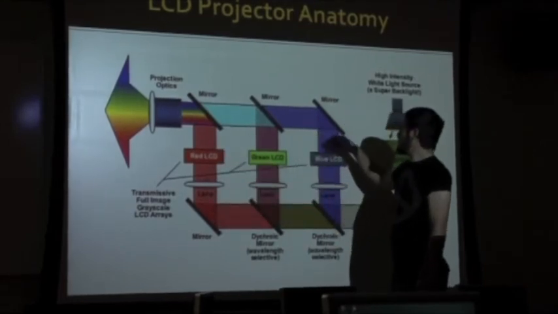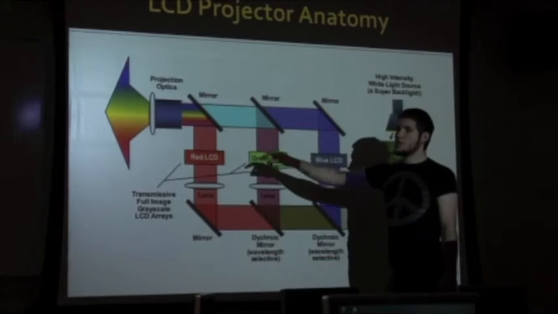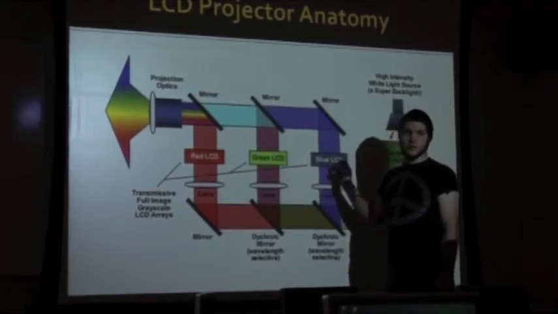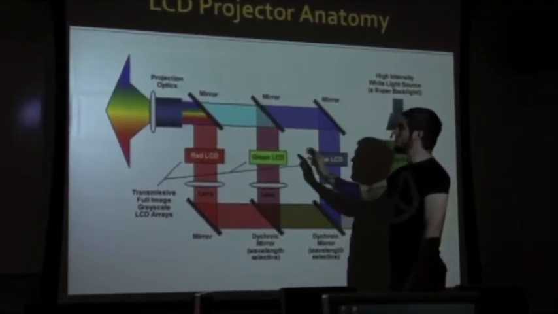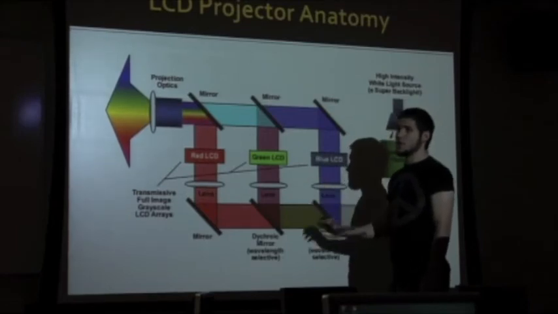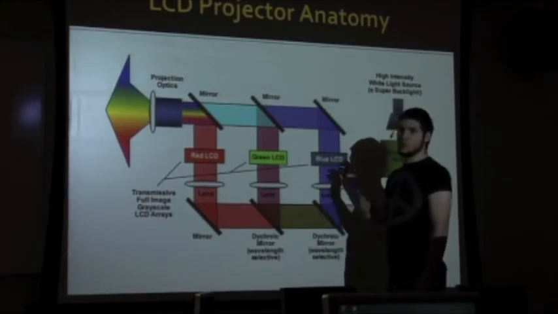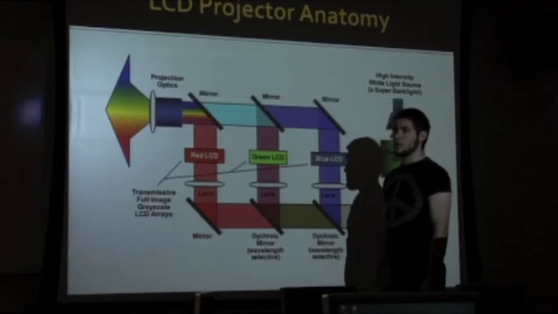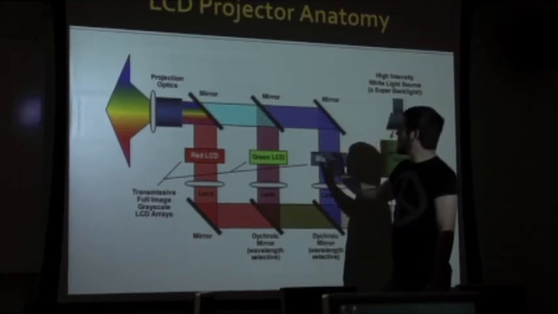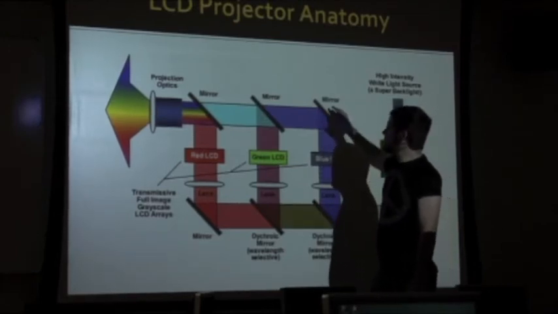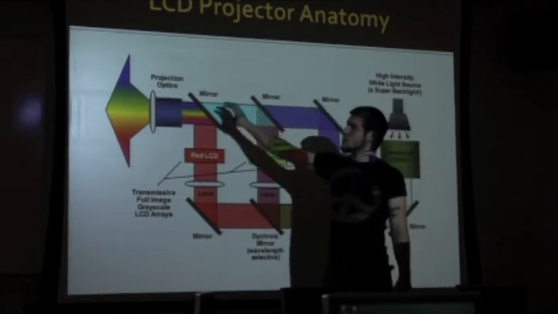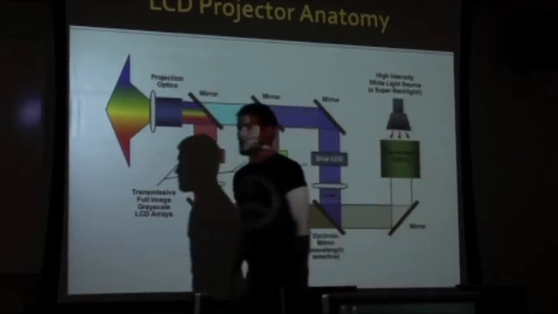And then the crystals are in here, and you can turn on and off the crystals. Say you want blue on half the screen and not the other half. You're going to shut off the blue crystals on half the screen. And then once that goes through, the image from each color is recombined at the end.